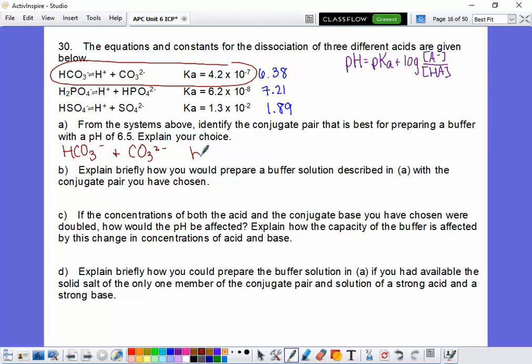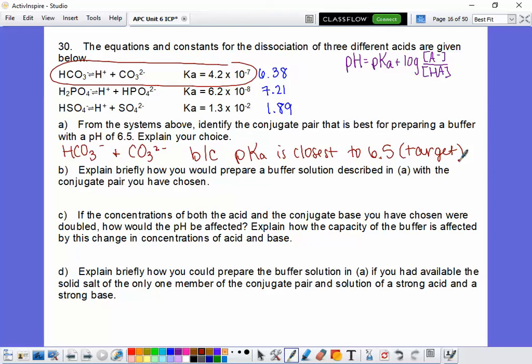And the reasoning is the pKa is closest to 6.5, which is our target. Okay, so that's going to be the first part of your lab. That's what you have to do first. Let's find the pKa's of the different options and then use that to determine which pair you're going to use to make your buffer solution.